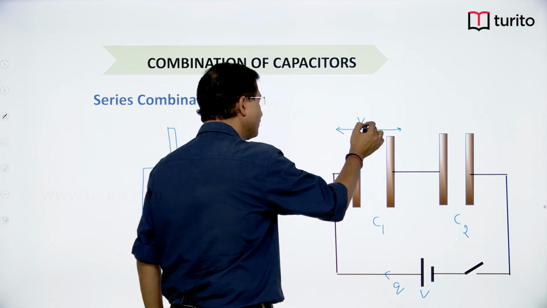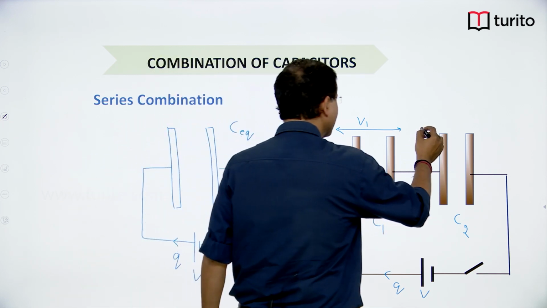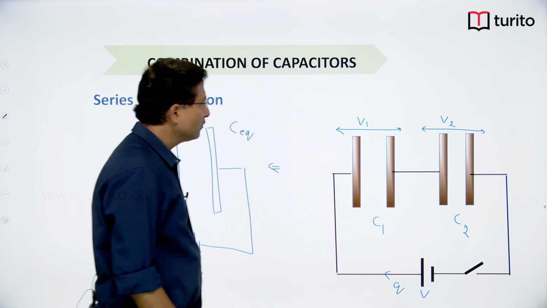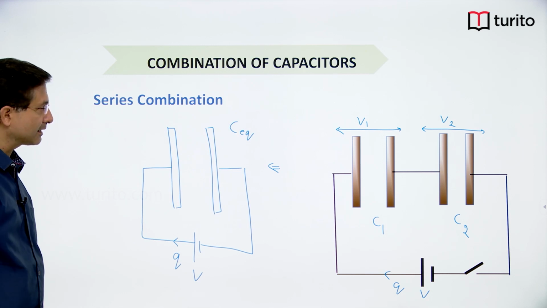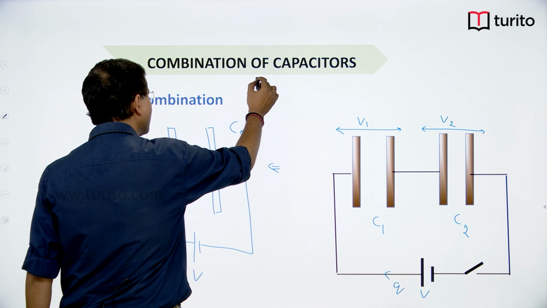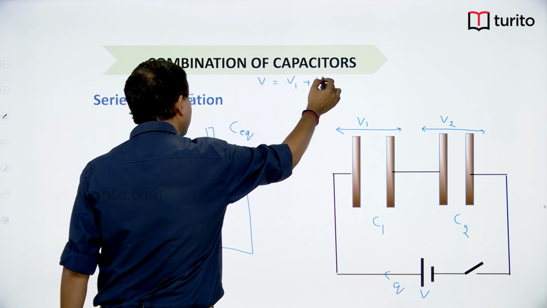Say V1 is appearing over the first capacitor and V2 is appearing over the second capacitor. So what can I write? I can write V is equal to V1 plus V2.